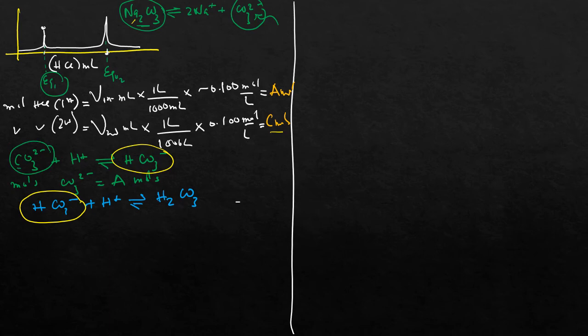So let's go ahead and just calculate the mass of the sodium carbonate in the mixture. So since we have the moles of the carbonate here to be A moles, which again I'm using as hypothetical moles.